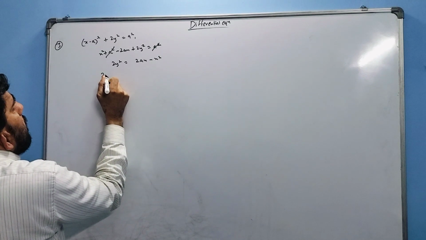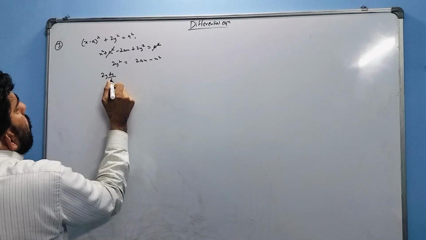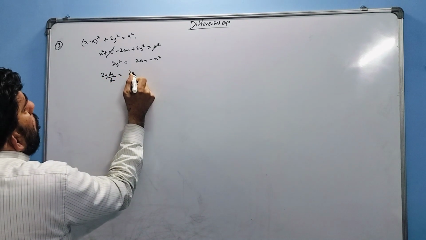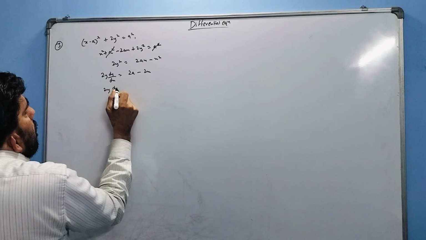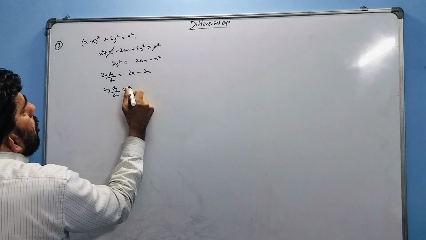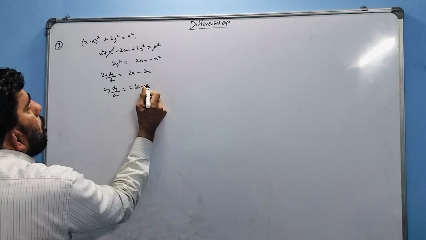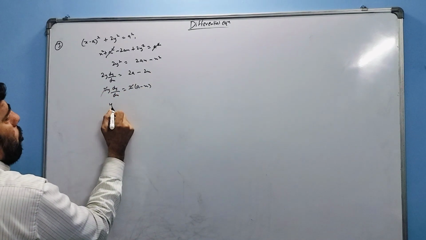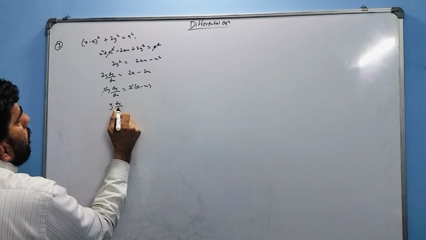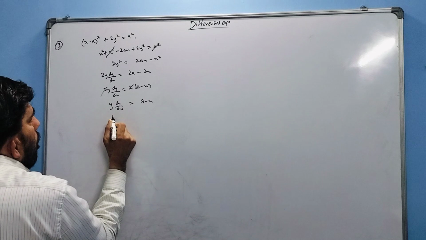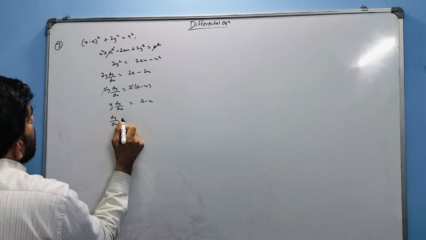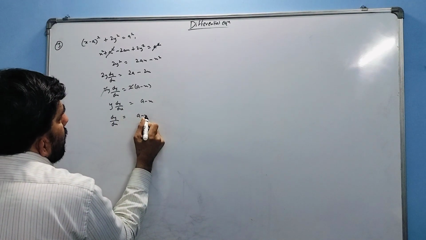If I differentiate, 4y dy upon dx is equal to 2a minus 2x. So y dy upon dx is equal to a minus x, or I can say dy upon dx is equal to (a minus x) upon y.